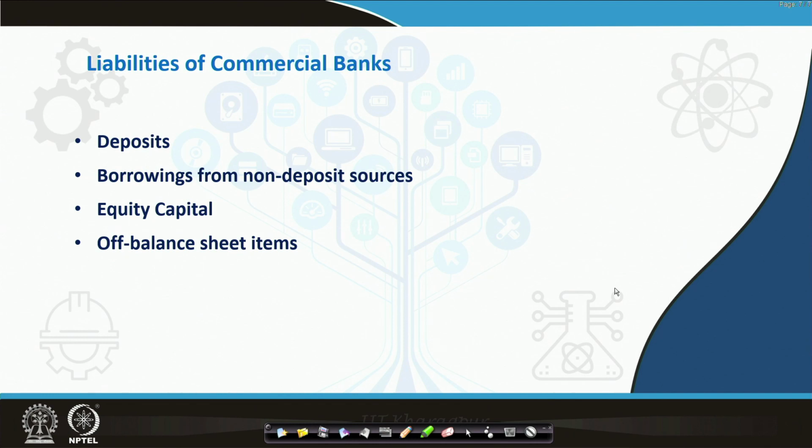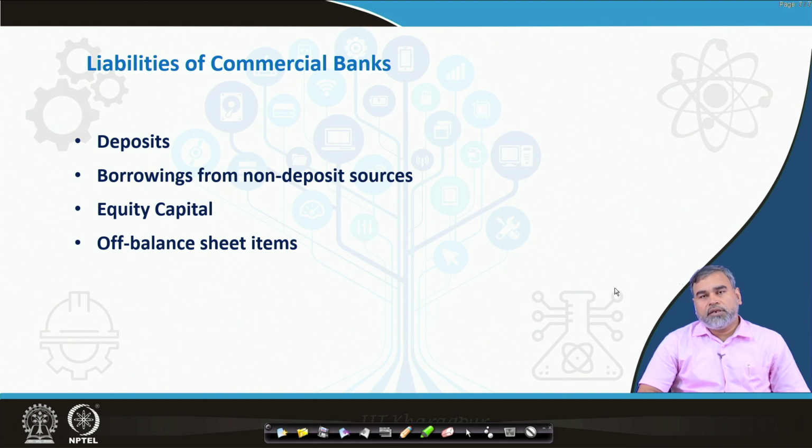So, because of that the deposits are considered as the liability of the commercial bank, and the commercial bank also borrows for both short term reasons and long term investments. Whatever borrowings they make, they have to pay interest for that, and that is why they incur a cost against that. So, borrowings are another major liability of the commercial bank.